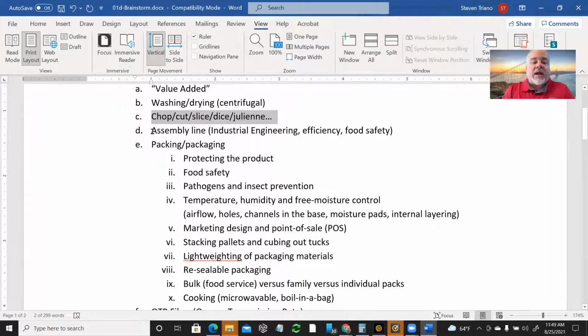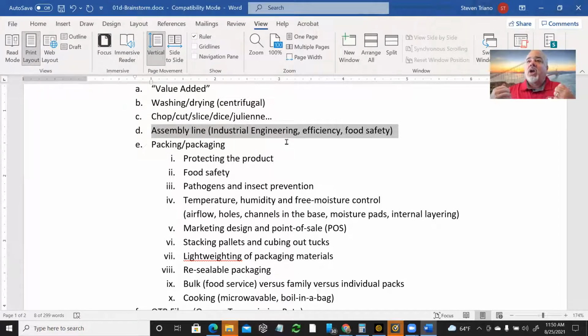Then there's the assembly line. How do you put it all together? There's an entire engineering discipline called industrial engineering. Industrial engineering is the engineering of efficiency of processes. And there's mechanical engineering that's involved in there as well. How do you do the mechanical design for all of these assembly lines? How do you do the electrical design, electrical engineering?